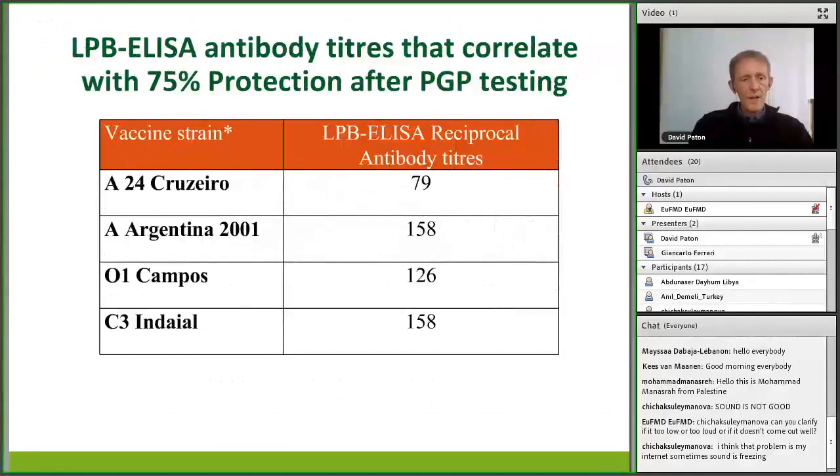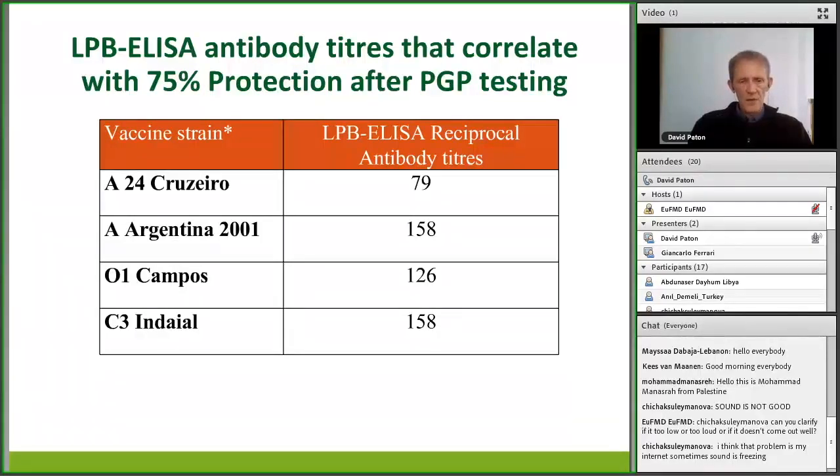And this second slide shows similar data from South America using the liquid phase blocking ELISA. Again, you've got some different viruses or vaccine strains on the left, and you've got differences in antibody titer that are associated with 75% protection, ranging from 1 in 79 all the way up to 1 in 158.